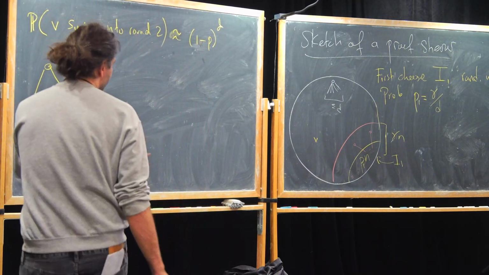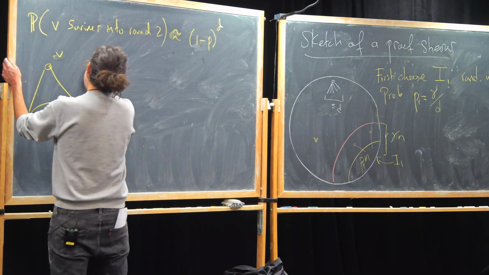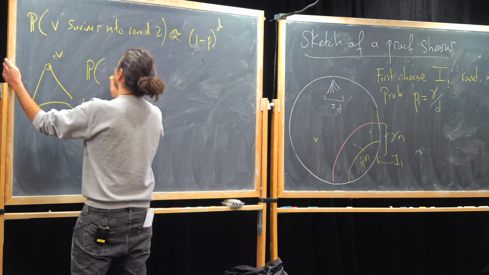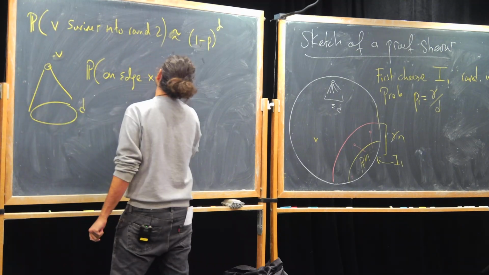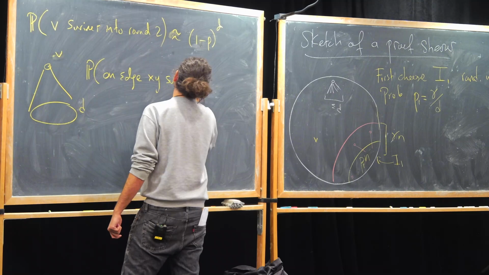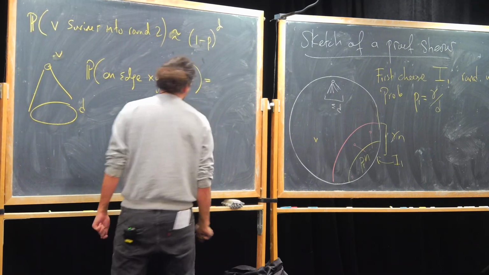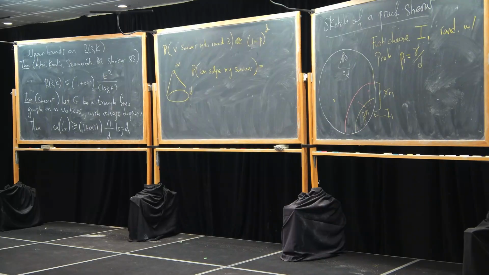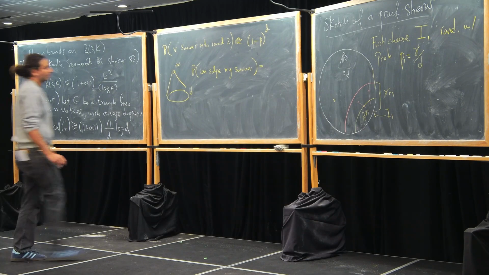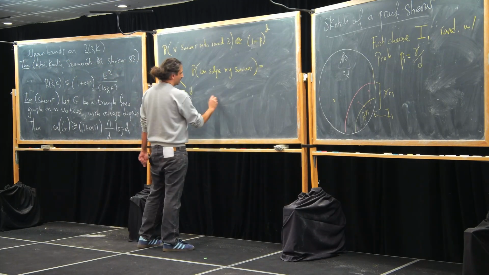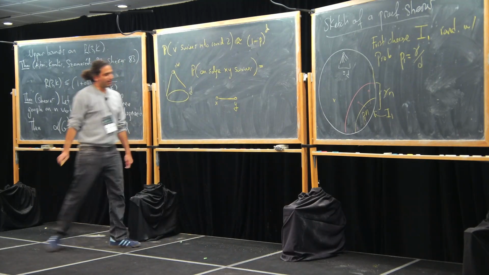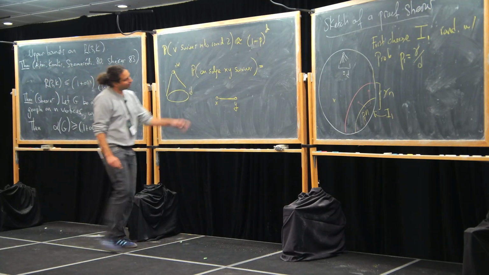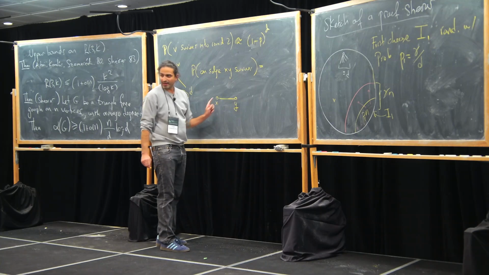OK, so here's the second important question. What's the probability an edge survives? OK, and here is where the rubber starts hitting the road. So here's the picture for this. Here's my edge xy. What's the probability it survives? Well, it survives if both of the endpoints survive.